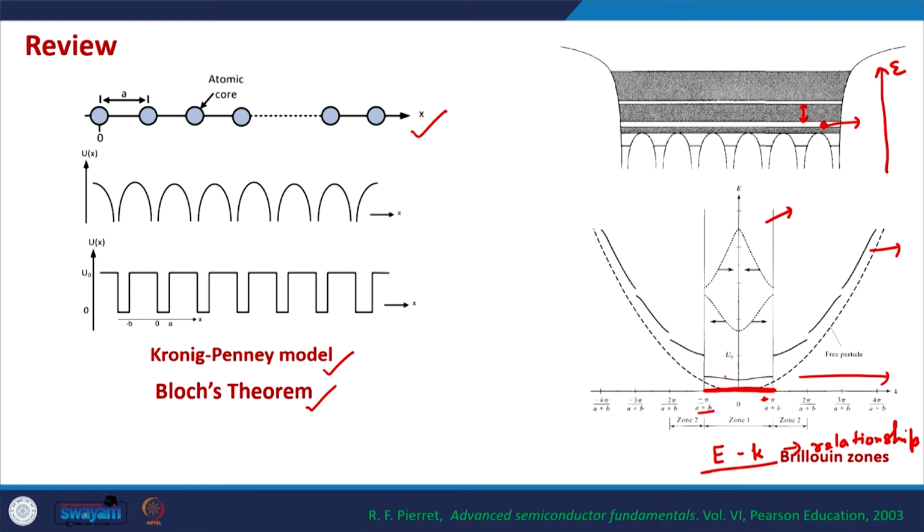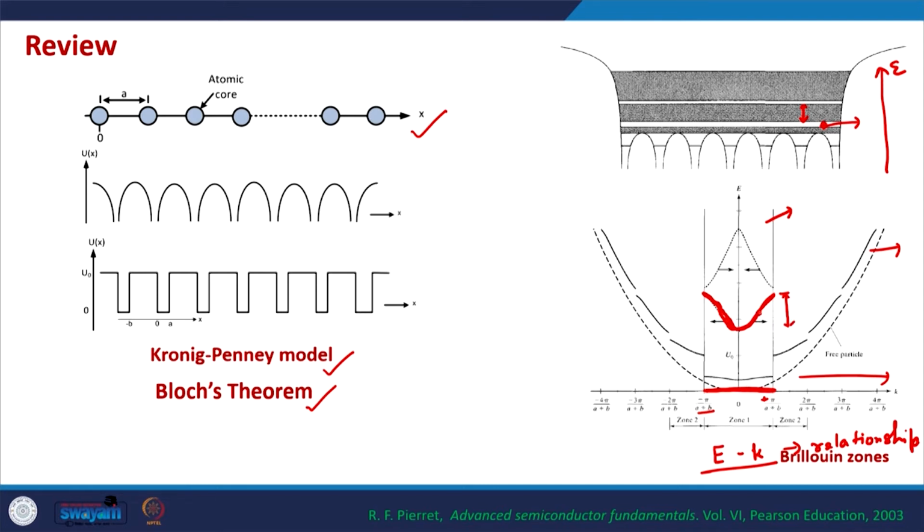So, for example, this range, this is a part of EK plot. What it signifies is that this range of energies electrons can take, and the corresponding K values will be these.